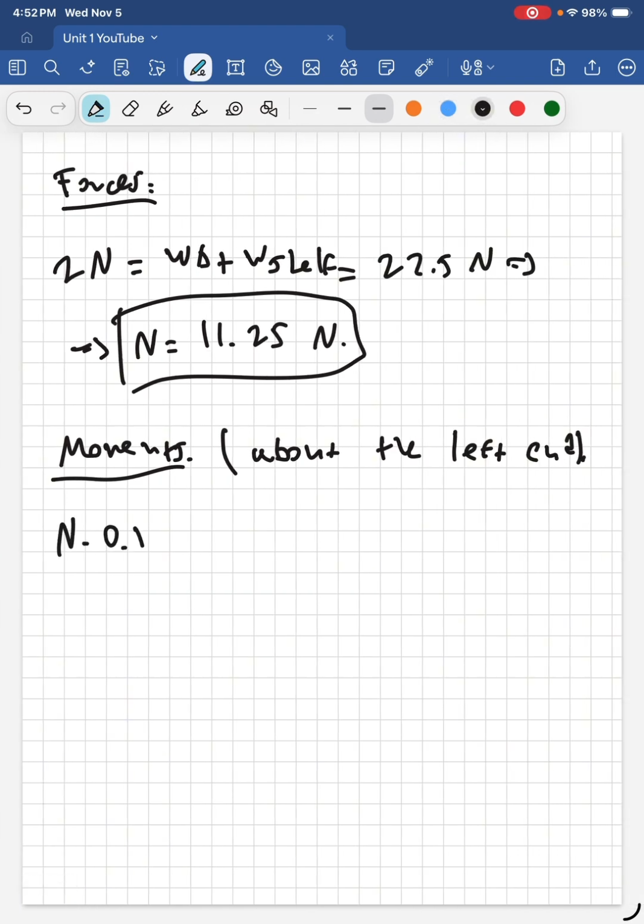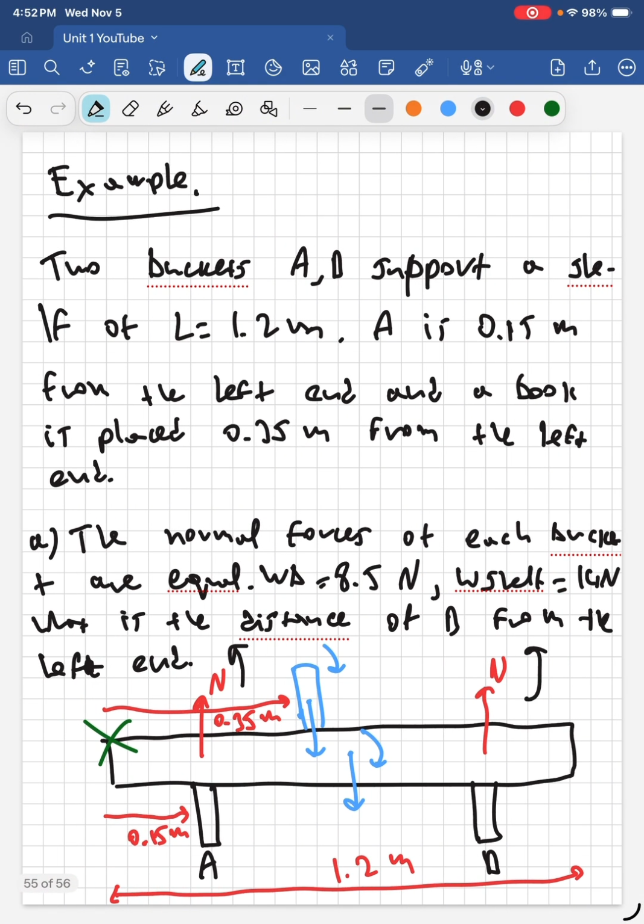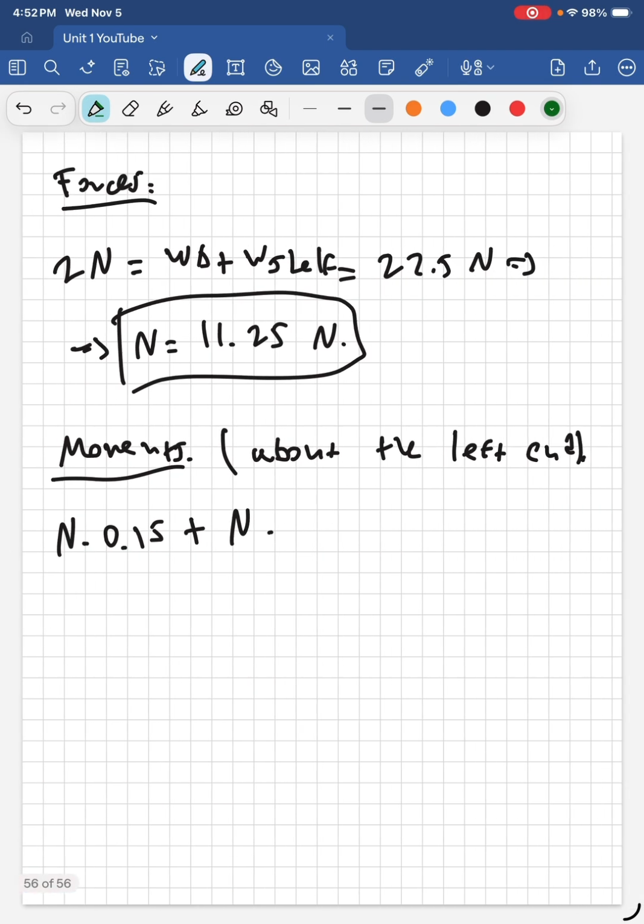So N times 0.15 plus N times LB, and LB is what we are trying to find, mind you, the distance from the left end, must be equal to WB times 0.35 plus W shelf times 0.6, because the center, how do we know that it's 0.6? Because the center of gravity for the shelf is at the geometric center, right?